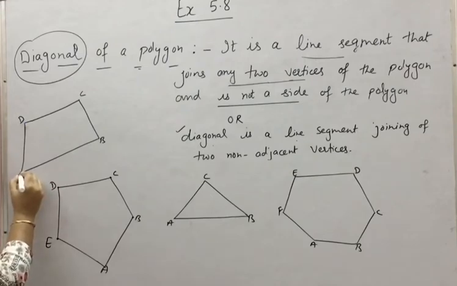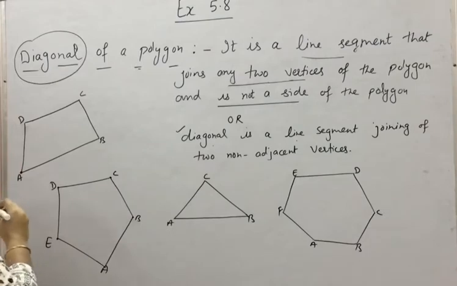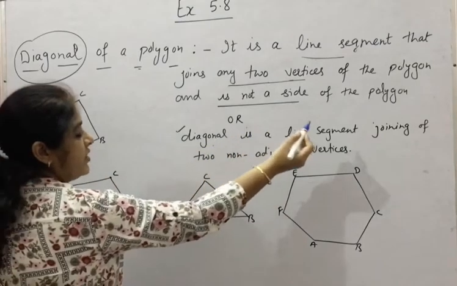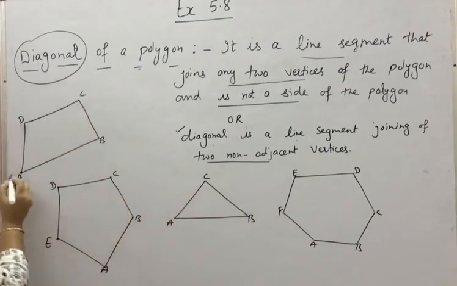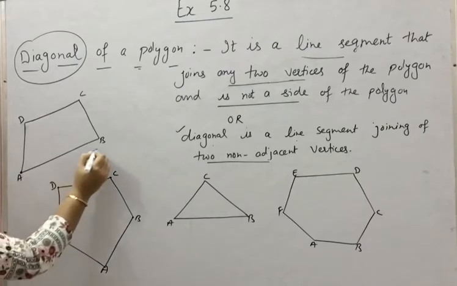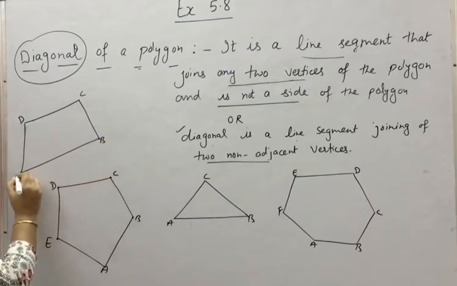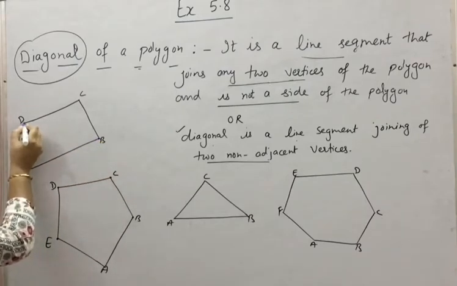If we are standing on the vertex A, see what is in the next definition. The diagonal is a line segment joining two non-adjacent vertices. If we are standing on A and go from this side, B comes first, and if we go from this side, D comes first.